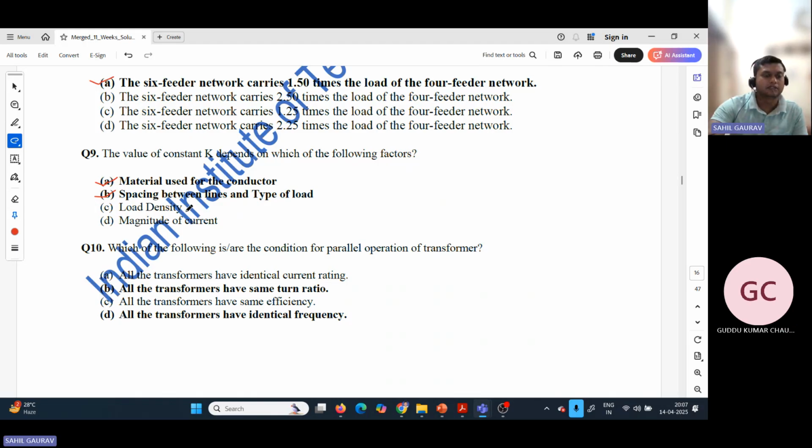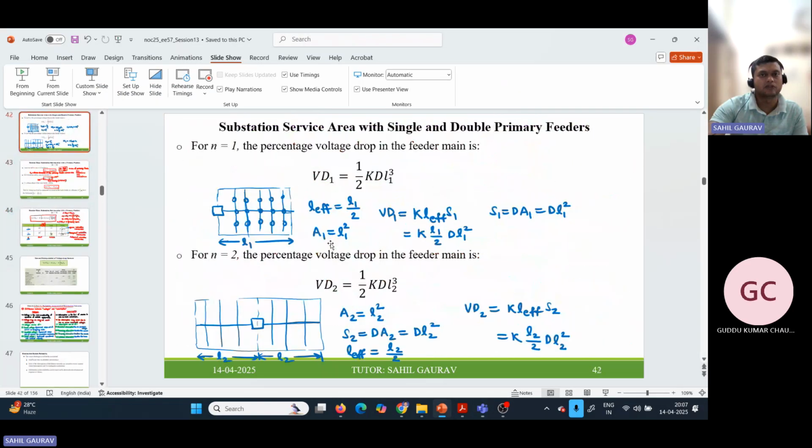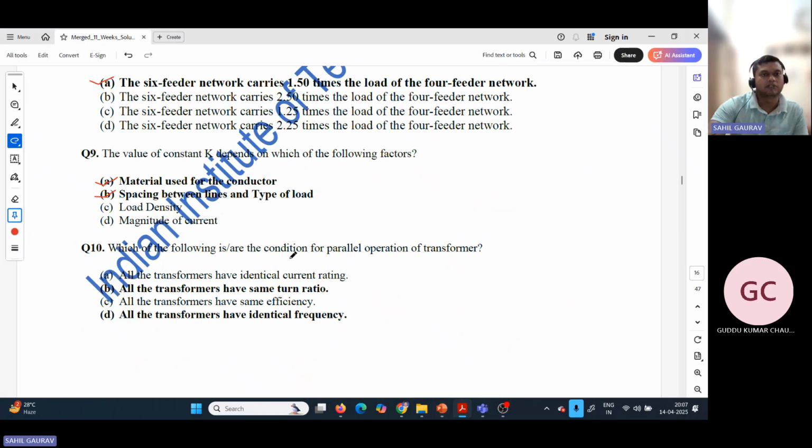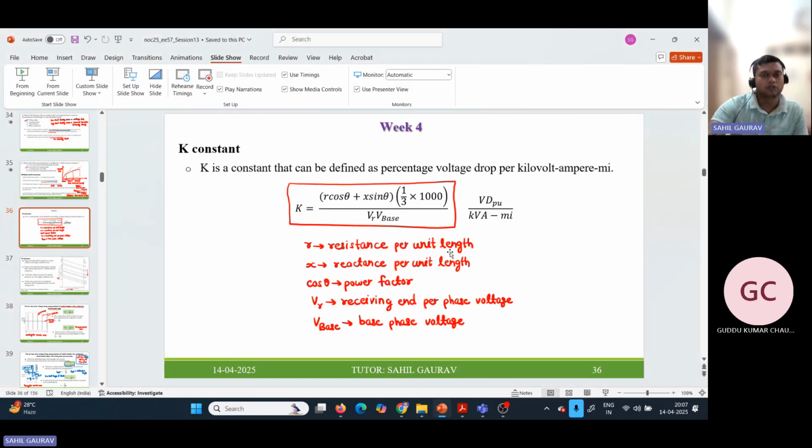It is incorrect. It does not depend upon the load density because if you see the expression of the K factor, it depends upon the power factor. That's why it depends upon the type of load, but not upon the load density, because there is no D term here. It depends upon the characteristics of the line and the power factor.